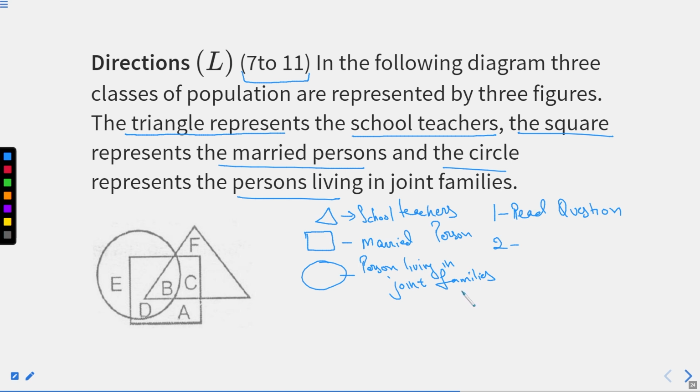Now we know that if we talk about school teachers, within the triangle we have three, F, C, B. We can write it here, FCB. Married persons are within the square. So within the square we have A, D, B, C. So you can say that B and C are married persons as well as school teachers.